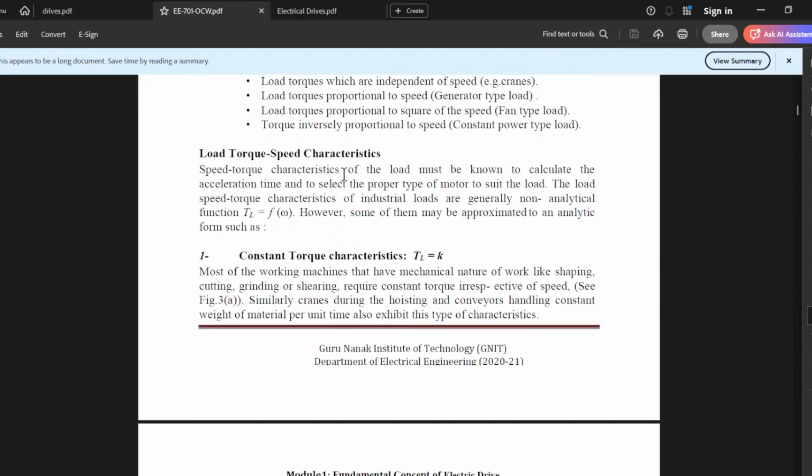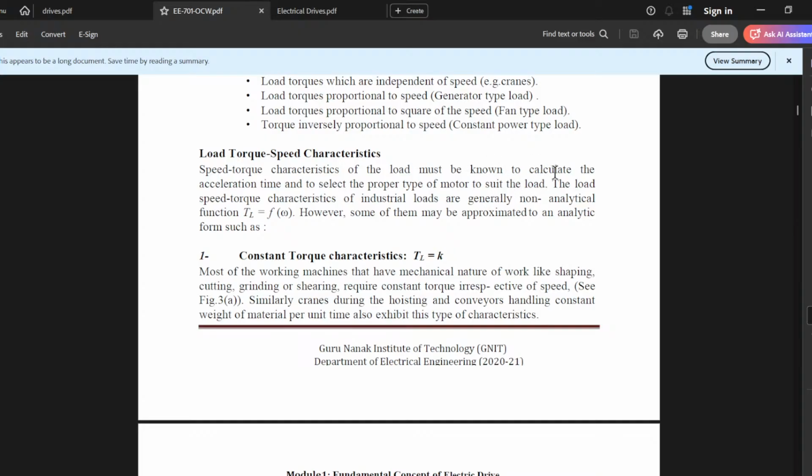Load torque speed characteristics. Speed torque characteristics of the load must be known to calculate the acceleration time and to select the proper rating of motor to suit the load. So we have to find out the type of motor we need to use according to load.